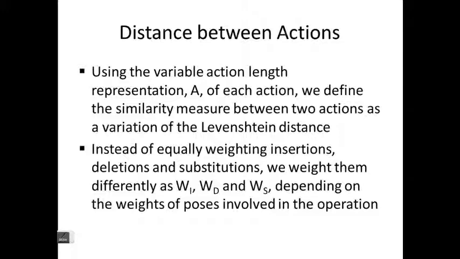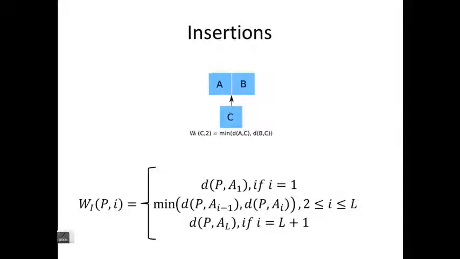So the modified version of the Levenstein distance that we're looking at is not just saying that any operation is the same, but weighting insertions, deletions, and substitutions depending on which poses are added to an action and which ones are removed or substituted.